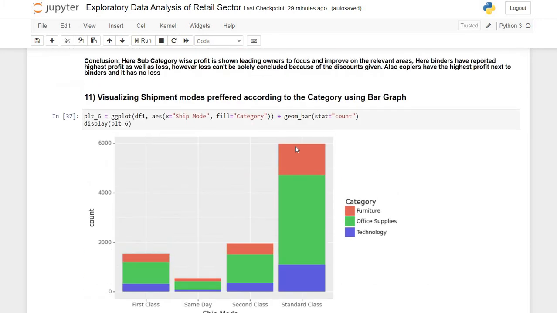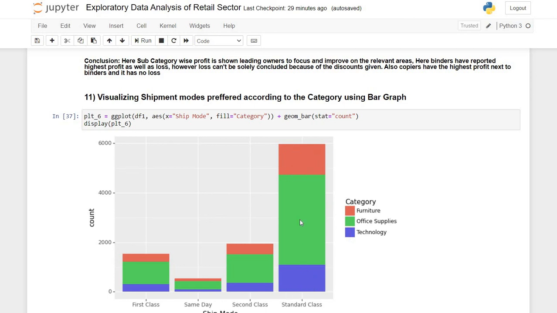In standard class there is a much higher count than in same day shipment, second class shipment and first class shipment. Also, in standard class shipment, more than 50% of the shipments are office supplies, then furniture, and the rest is technology.